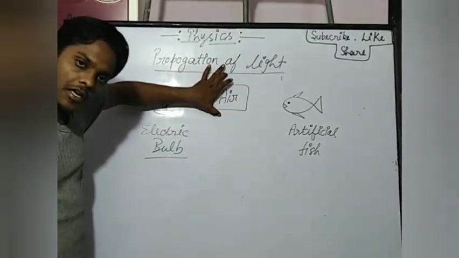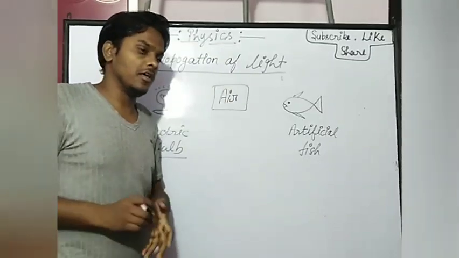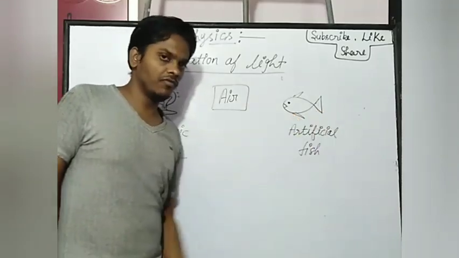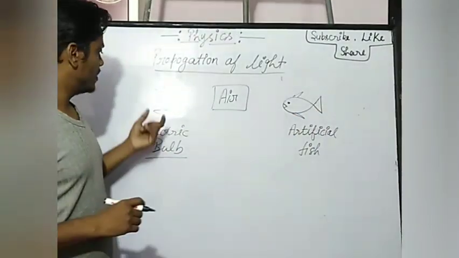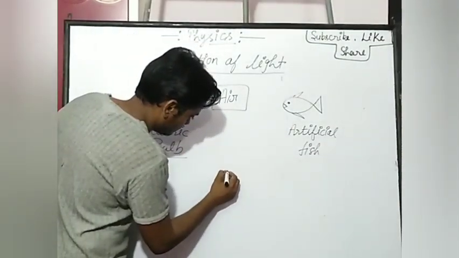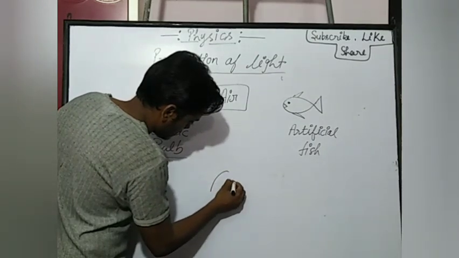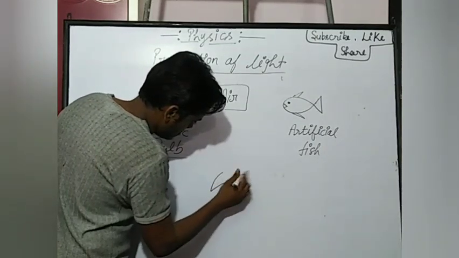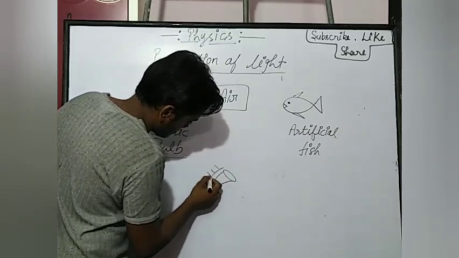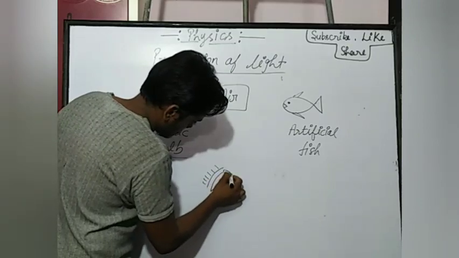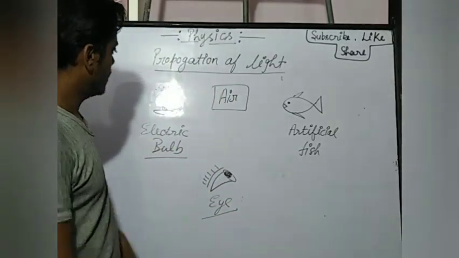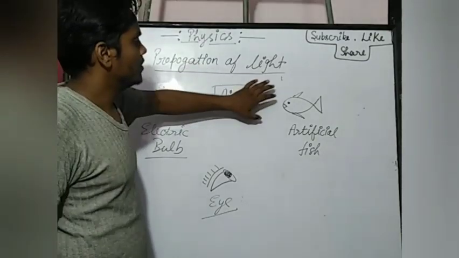Here the medium is air. If we place some air between this electric bulb and this artificial fish, then we are able to see this fish.